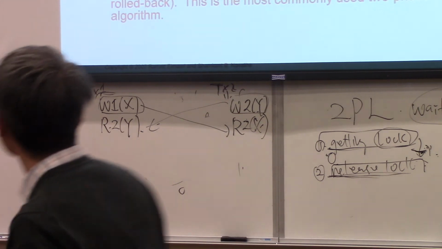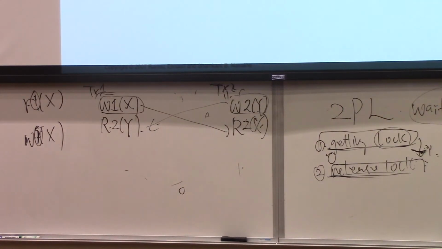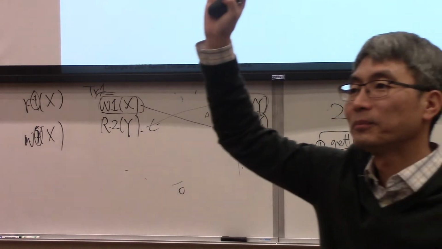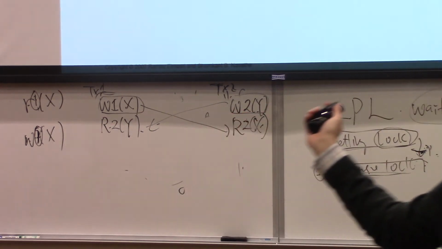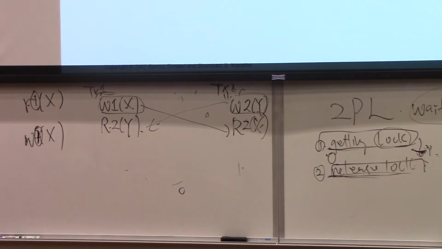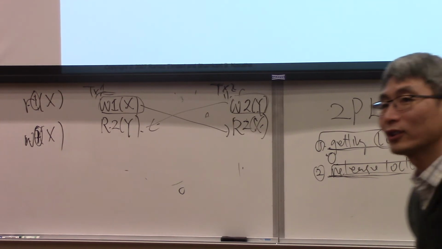We need to address that problem. Do you remember this? Anyone who took or is taking the operating system course? The deadlock you need to study in this semester. This is part of your final exam. Deadlock prevention, deadlock detection and resolution, and the deadlock avoidance means what?